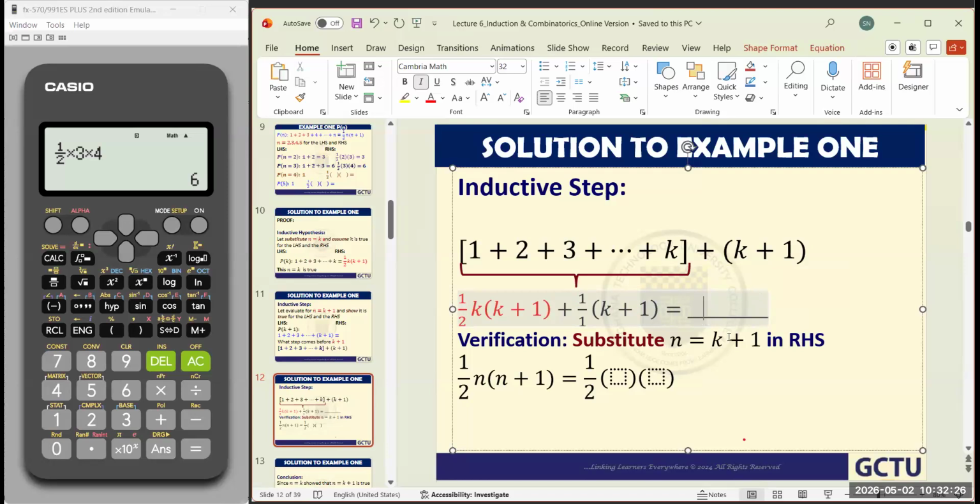If the LCM is 2, 2 will go into 2 how many times? Just 1. So since the LCM is already 2, 2 will go into 2, 1 times the numerator will give me k. That's the left-hand side, k plus 1.